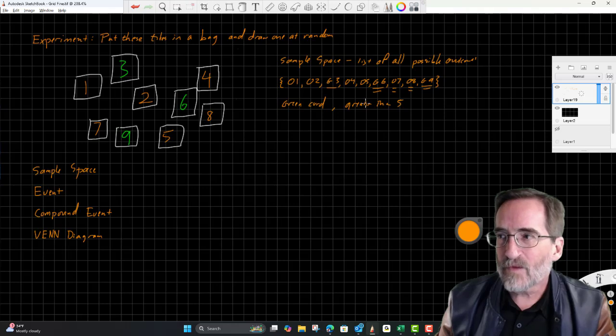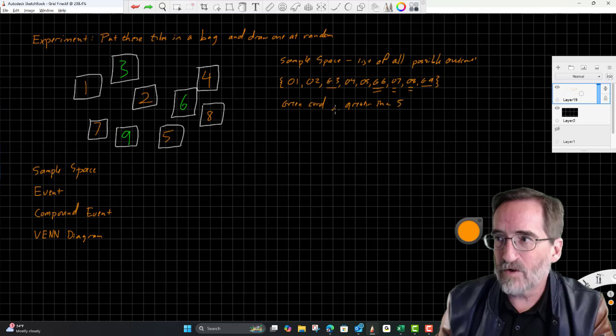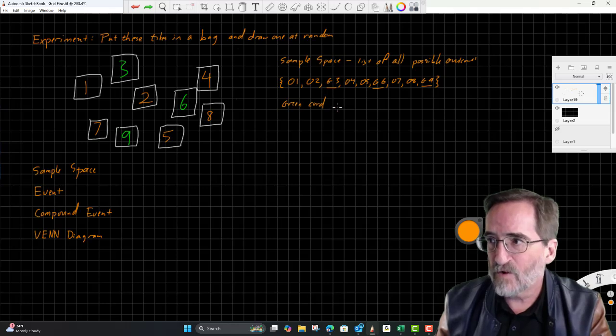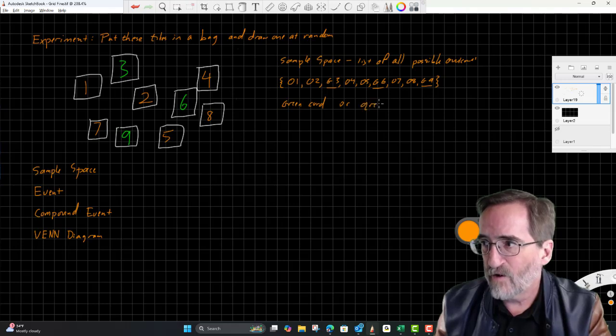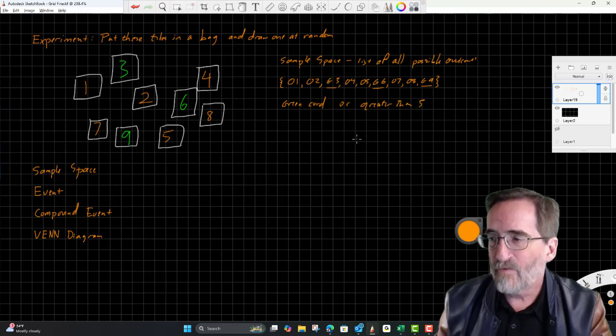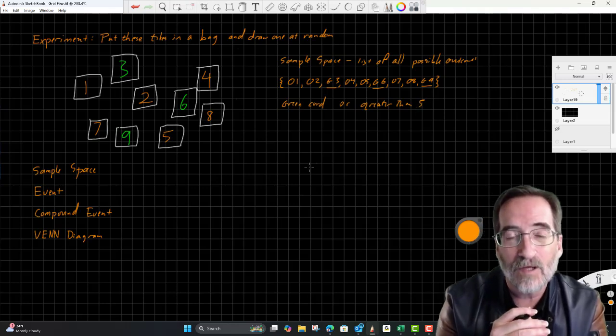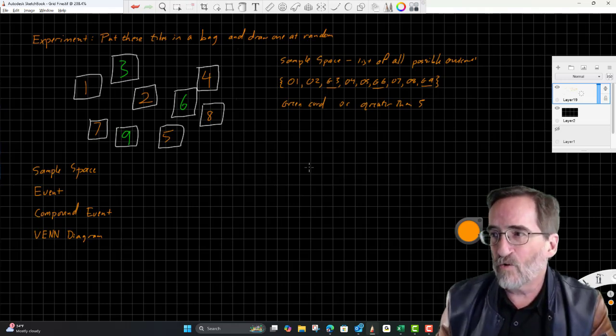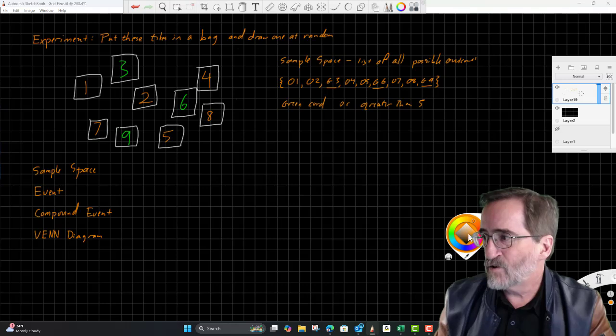Now we have compound events. We might get a green card or a card greater than 5. Green card or a card greater than 5. This is where it starts to get a little bit complicated, and we use what's known as a Venn diagram in order to organize our thoughts. A Venn diagram is intersecting circles.